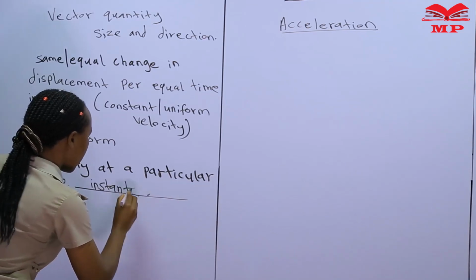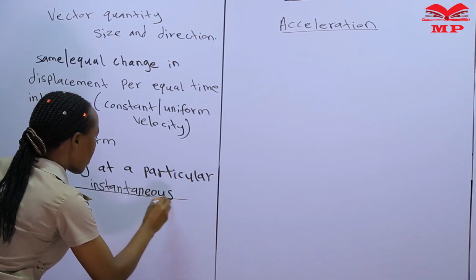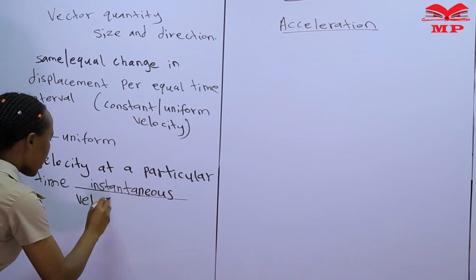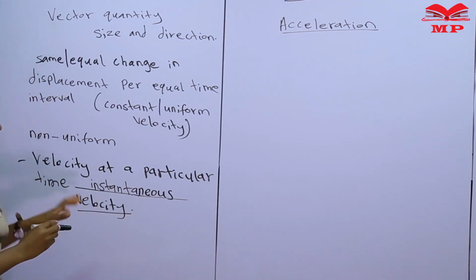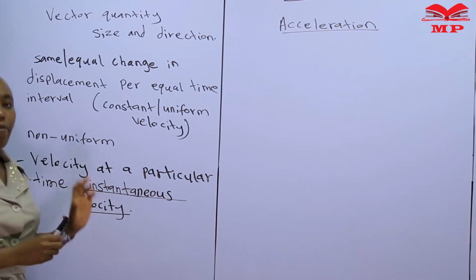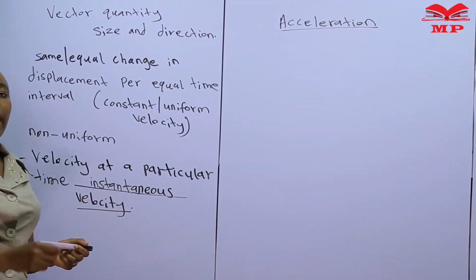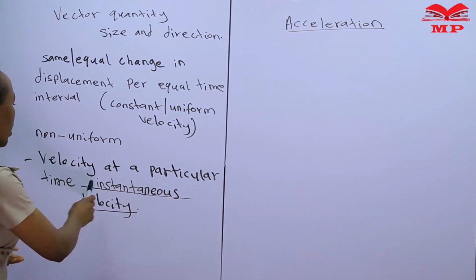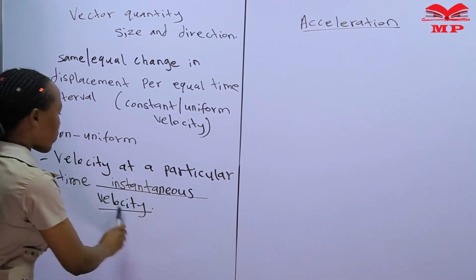That is, velocity at a certain point at a particular time is what we refer to as instantaneous velocity.